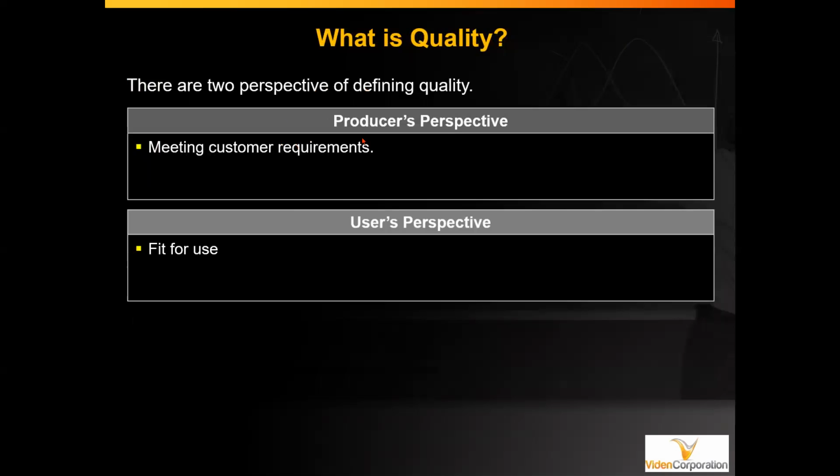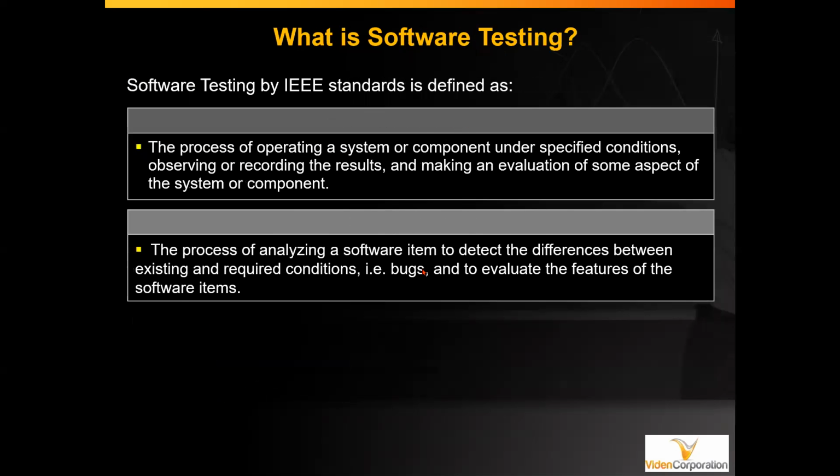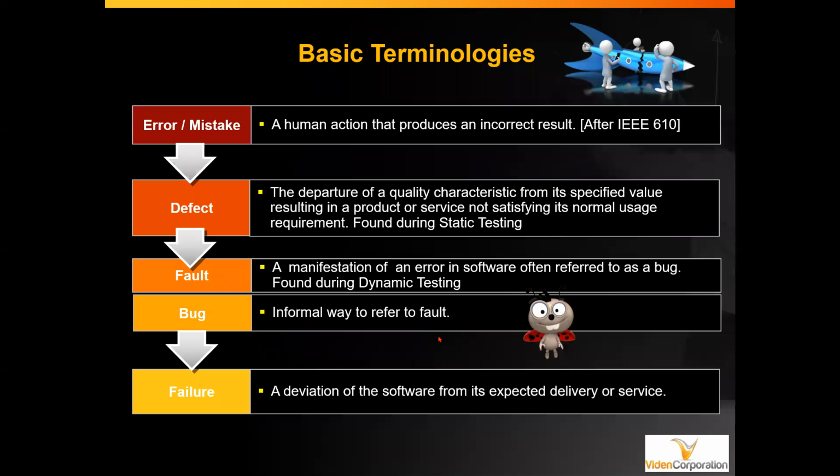This could be McDonald's. When McDonald's or 7-Eleven or Starbucks or maybe Nike shoes say we are trying to meet customer requirements, and customers, when they buy, say, is it fit for my need? That is the definition of quality, not quality assurance, quality only.